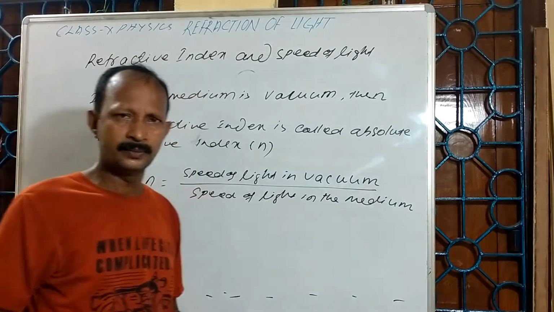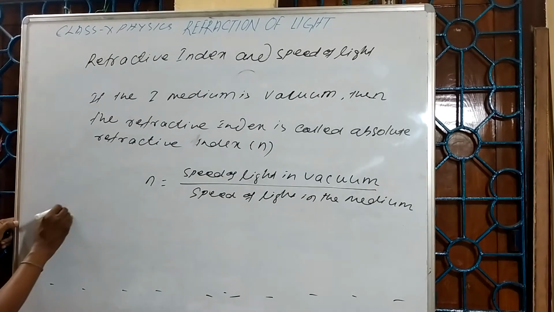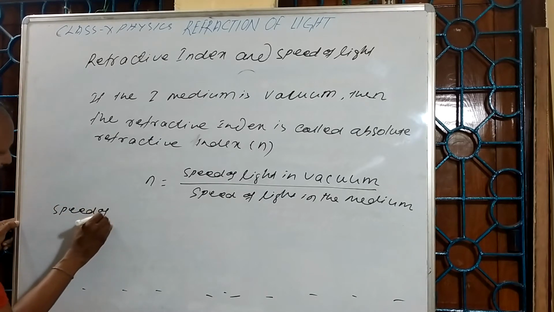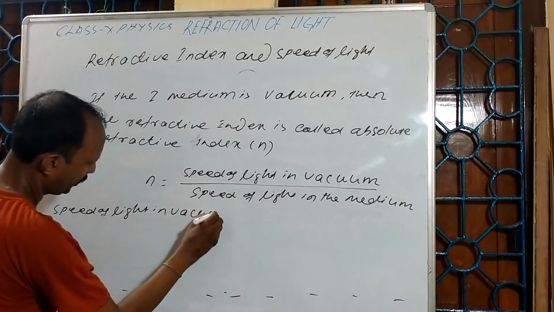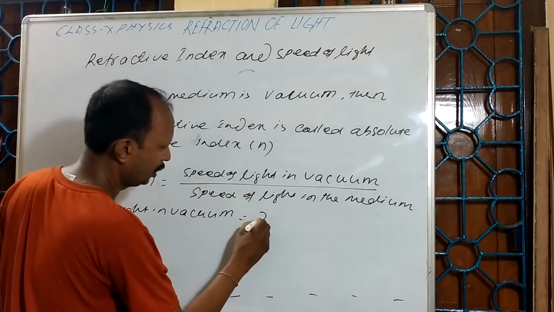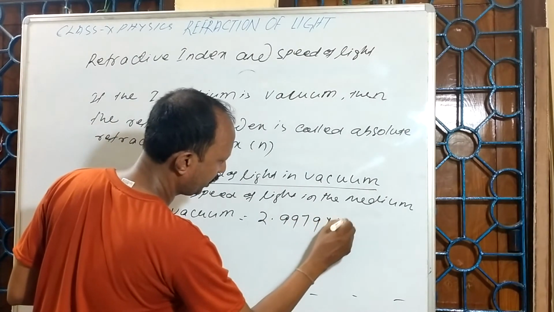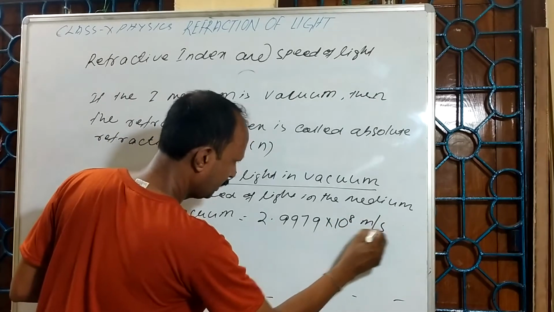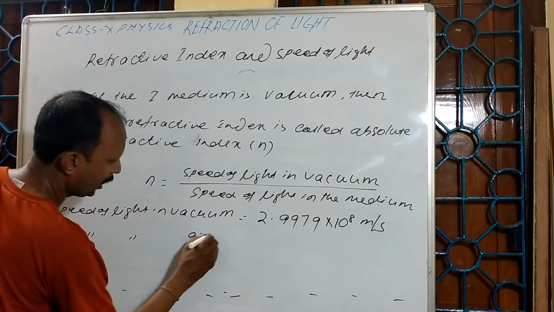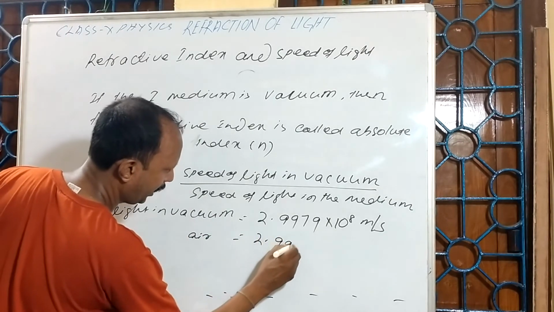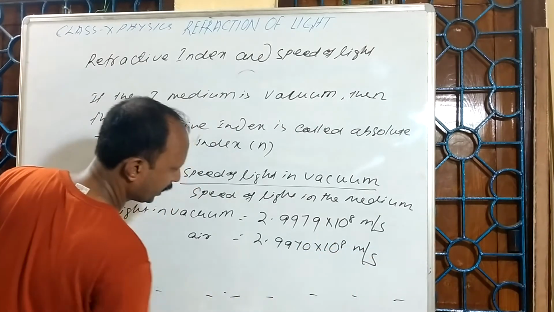In some cases, we know that the speed of light in vacuum is equal to 2.9979 into 10 to the power 8 meter per second, and speed of light in air is 2.9970 into 10 to the power 8 meter per second.